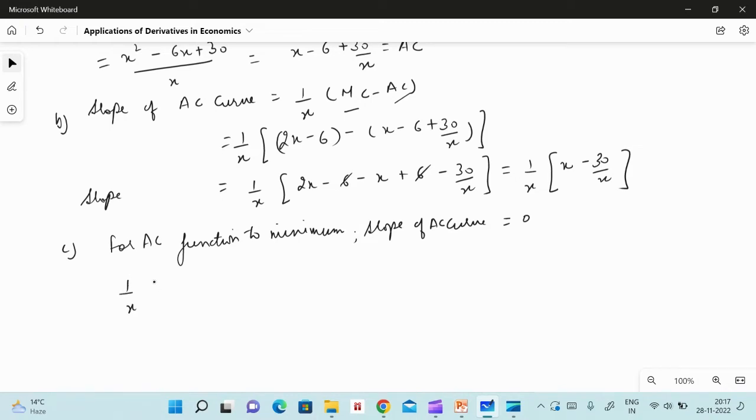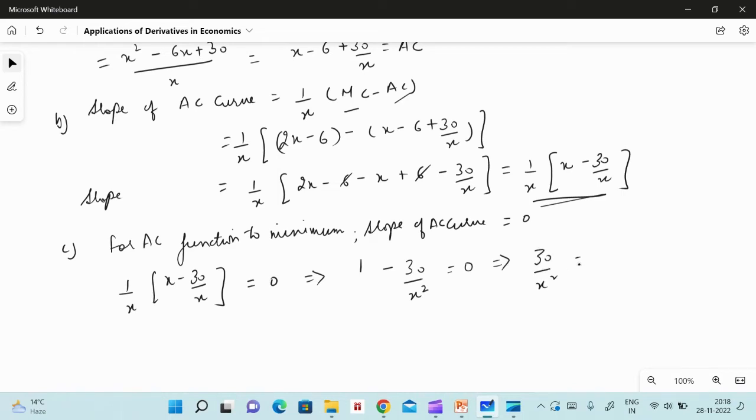So it means that 1 upon x into x minus 30 upon x, this value of slope, is equal to 0. Solving it further, if I open the bracket, 1 by x into x gives me 1, minus 1 upon x into 30 upon x gives me 30 upon x square. This is negative, and this is equal to 0.